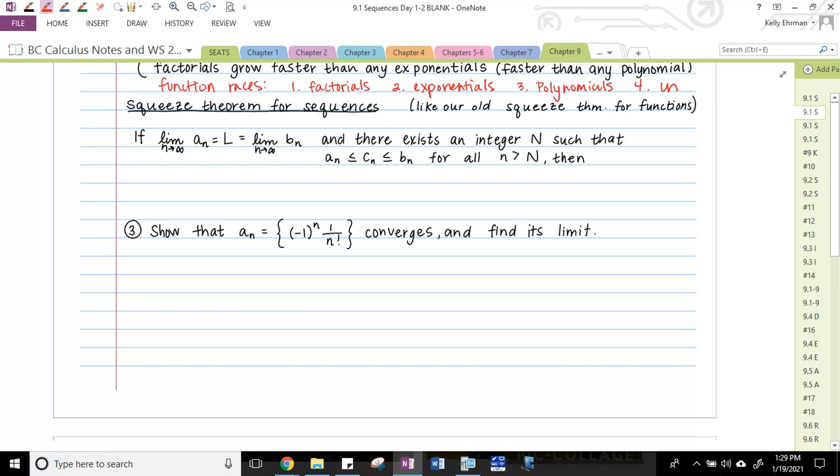So all that's saying is if I know this to be true, I can take the limit as n approaches infinity of each of these terms, and I can squeeze the limit as n approaches infinity of C in between A and B.